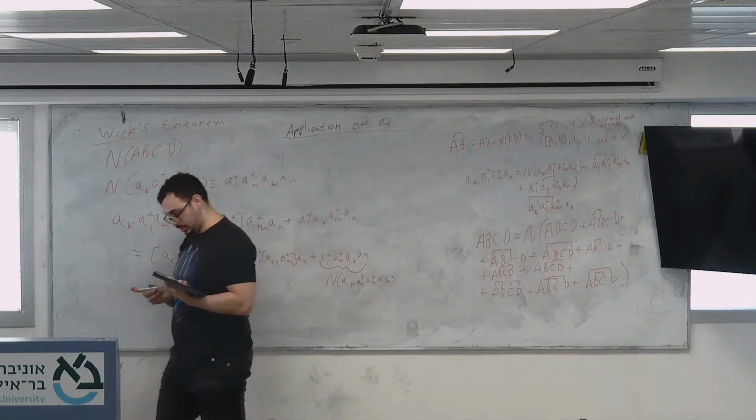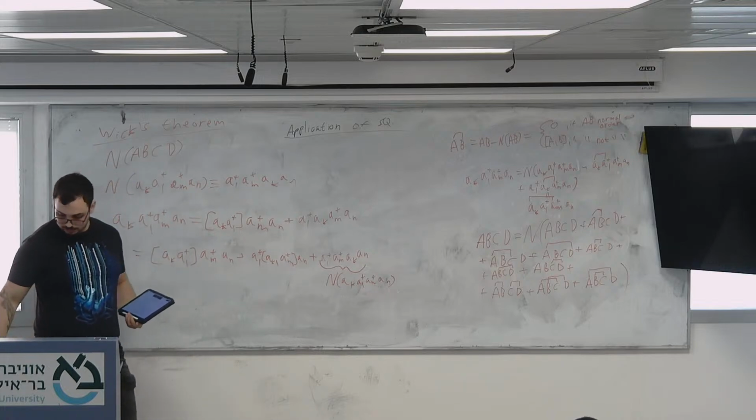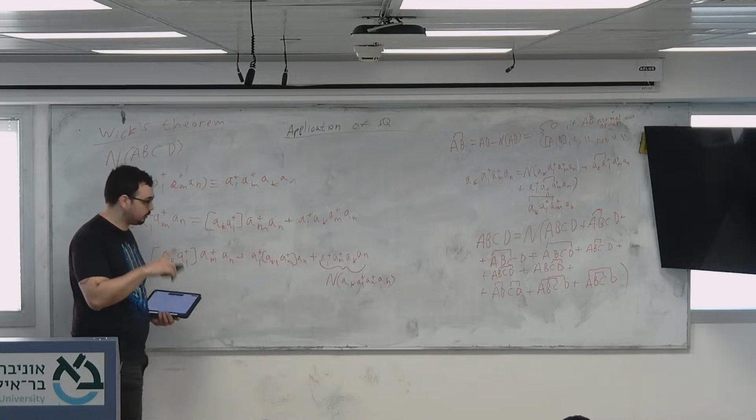This is the most general equation to find the equivalent normal order operator.